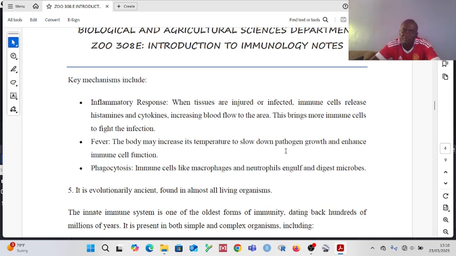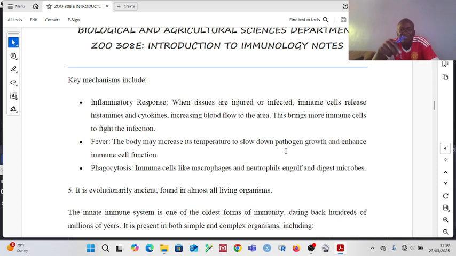The key mechanisms through which its fast response happens include, one, the inflammatory response. So when tissues are injured or infected, immune cells release histamines and cytokines. These two, the histamine and cytokines, will ensure that there is an increase of blood flow to the area where the injury is.